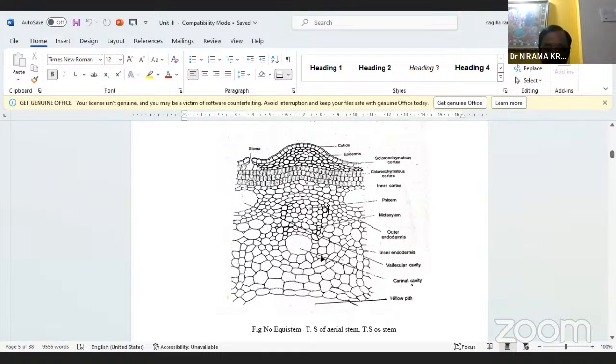Okay. The stele is described as an ectophloic siphonostele. The vascular bundles are opposite to the ridge, and their number is equal to the number of leaves present at the nodes. So this is the stele structure.